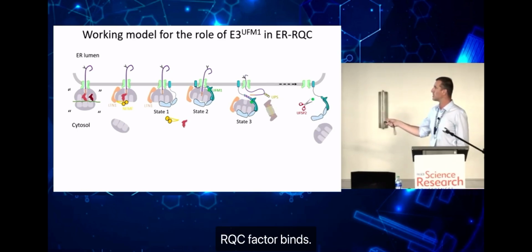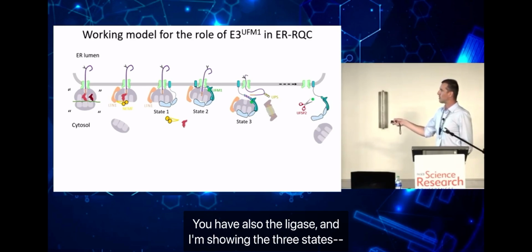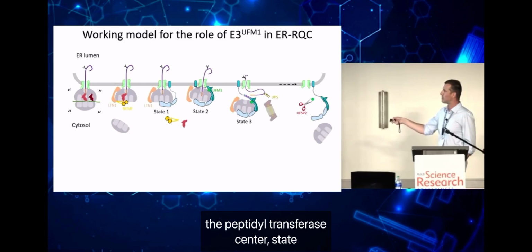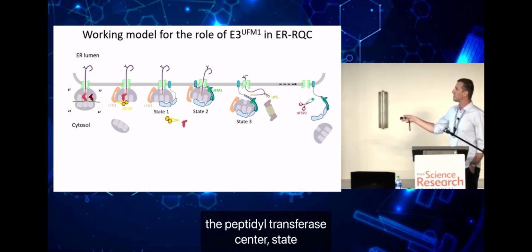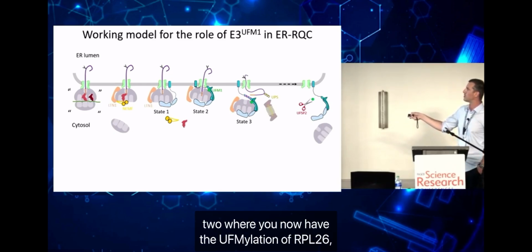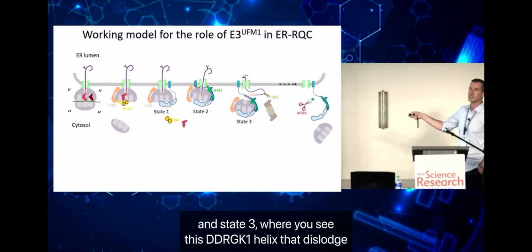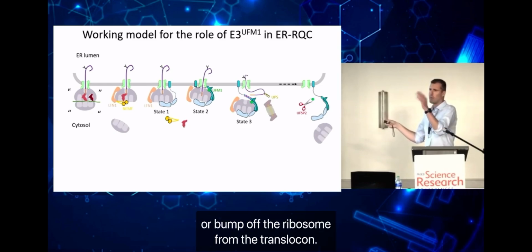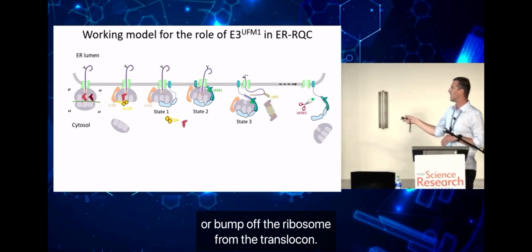RQC factors bind, and you also have the ligase, and I'm showing the three states. State 1, when you see only UFL1 bound at the peptidyl transferase center. State 2, where you now have the UFMylation of RPL26. And state 3, where you see this DDRGK1 helix that dislodges, or bumps off, the ribosome from the translocon.